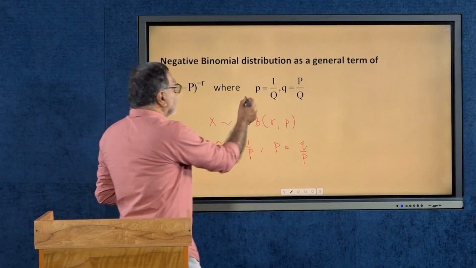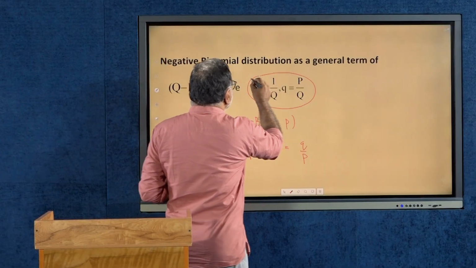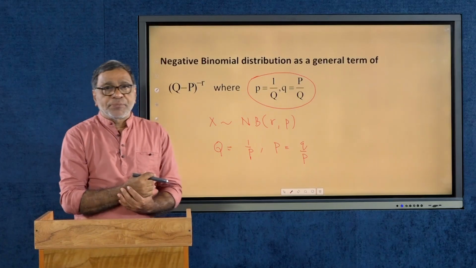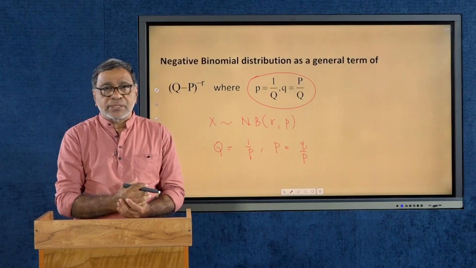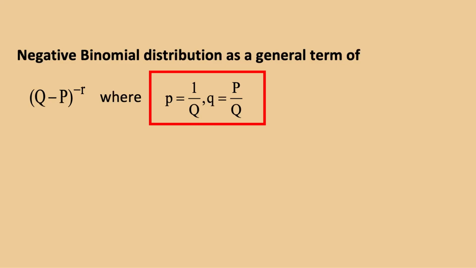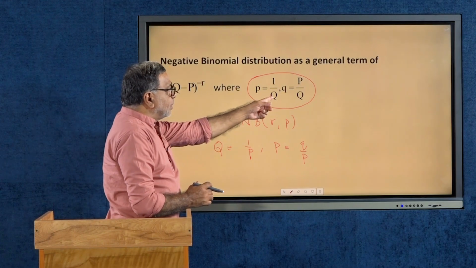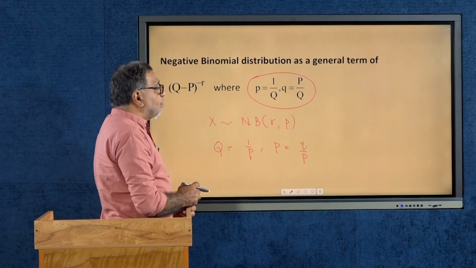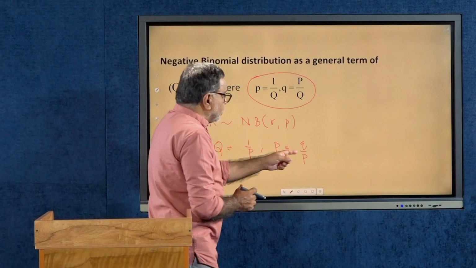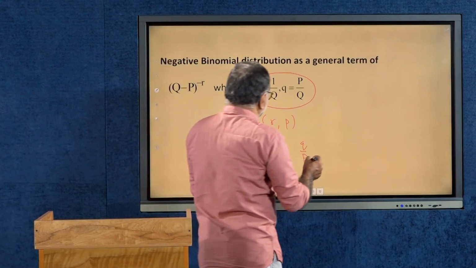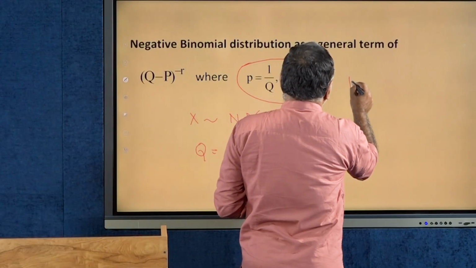Either this way we can represent small letter p, that is probability of getting success, as 1 by Q, and probability of failure q as P divided by Q, or this capital Q is nothing but 1 by p and capital P is equal to q by p. Remember, we have p plus q is equal to 1.